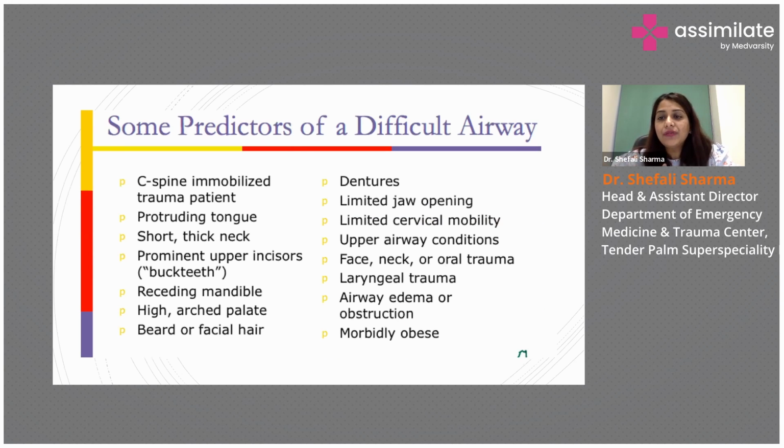Some predictors of a difficult airway would be where the person's C-spine is immobilized, like in a trauma patient, the trunk is too big and protruding, the neck is too short or thick, prominent upper incisors, what we call buck teeth, receding mandible, high arched palate, beard or facial hair, because that causes difficulty in bag mask ventilation, artificial dentures, limited jaw opening, limited cervical mobility, because definitely you have to do a head tilt chin lift in a non-traumatic person, upper airway conditions, any face, neck, or oral trauma, laryngeal trauma, airway edema, obstruction, or the patient is morbidly obese.